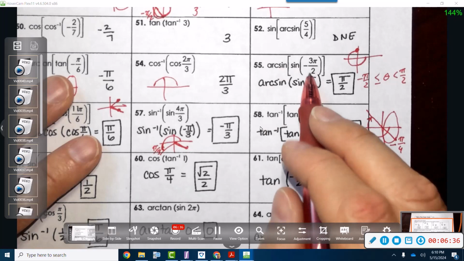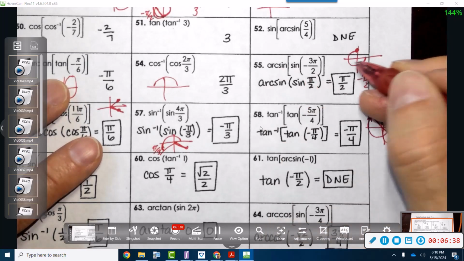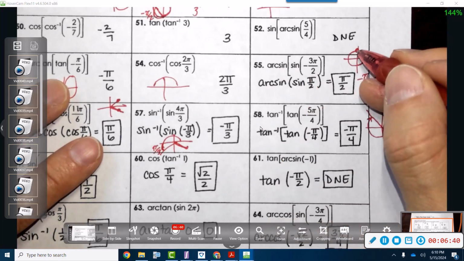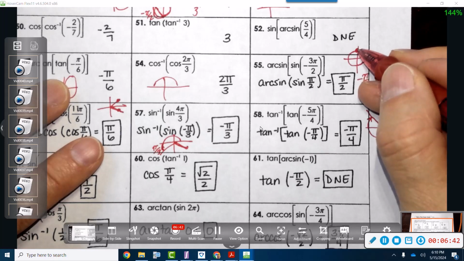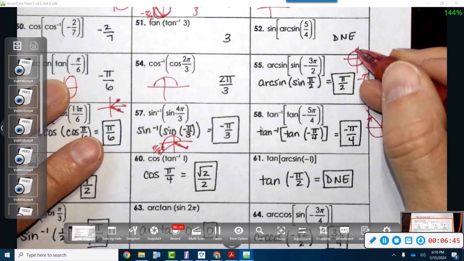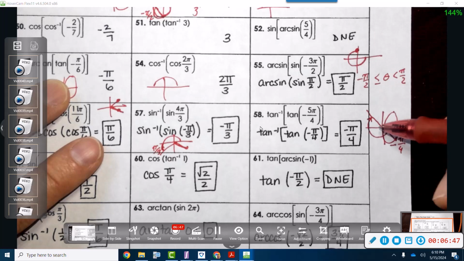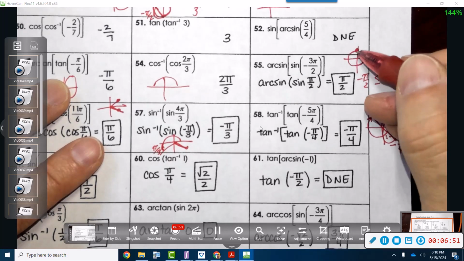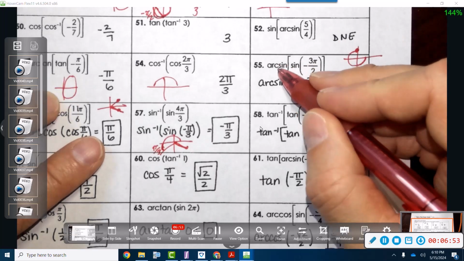This one is not. Negative 3 pi over 2 actually goes all the way over here. That is pi over 2. Okay, if we have to put it in the first and fourth quadrants to get an arc sine.